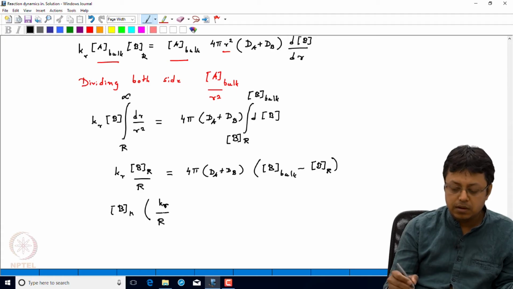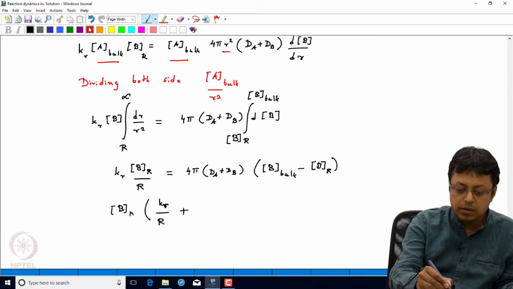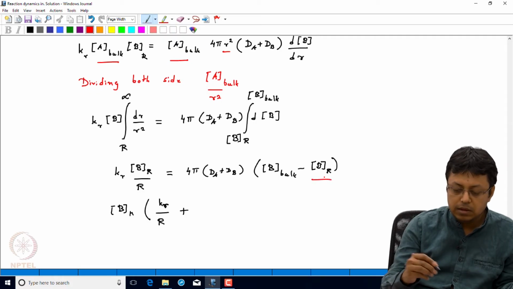This is a reactive rate. We could have written it as a k2 just to distinguish between small r and this reactive r. There is a minus sign, so it will be a plus sign if we bring this term to the left and add it with this term.